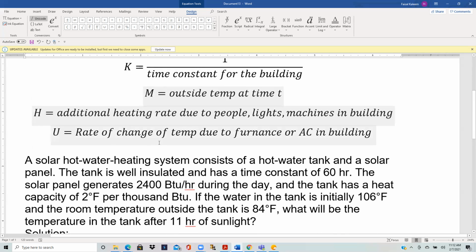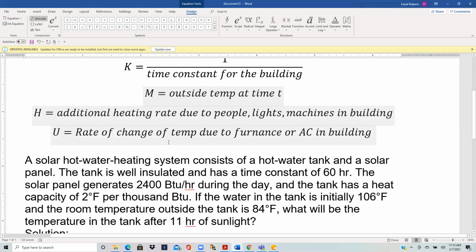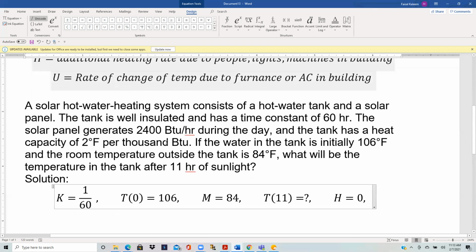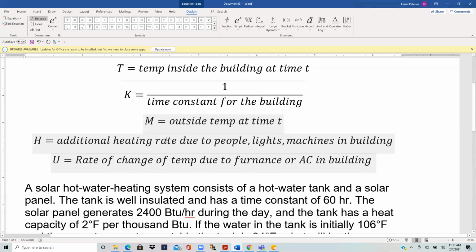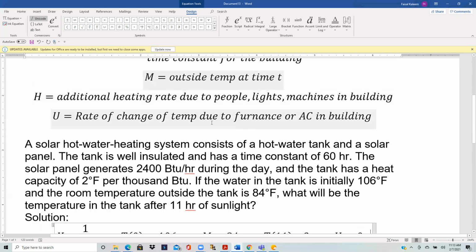And then U is the rate of change of temperature due to furnace or AC in the building.